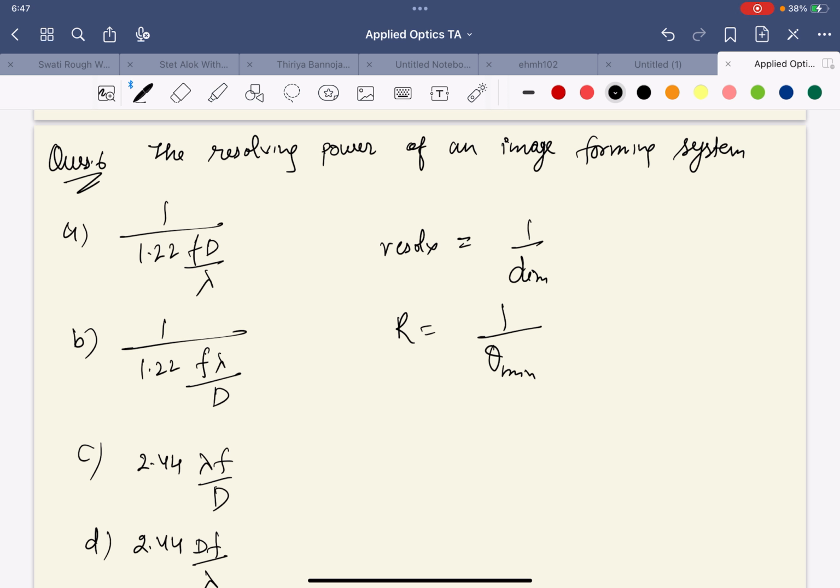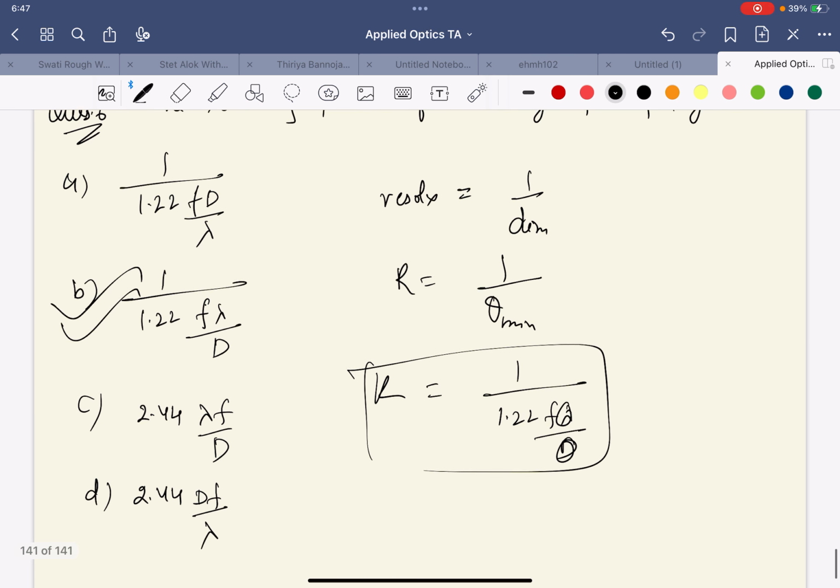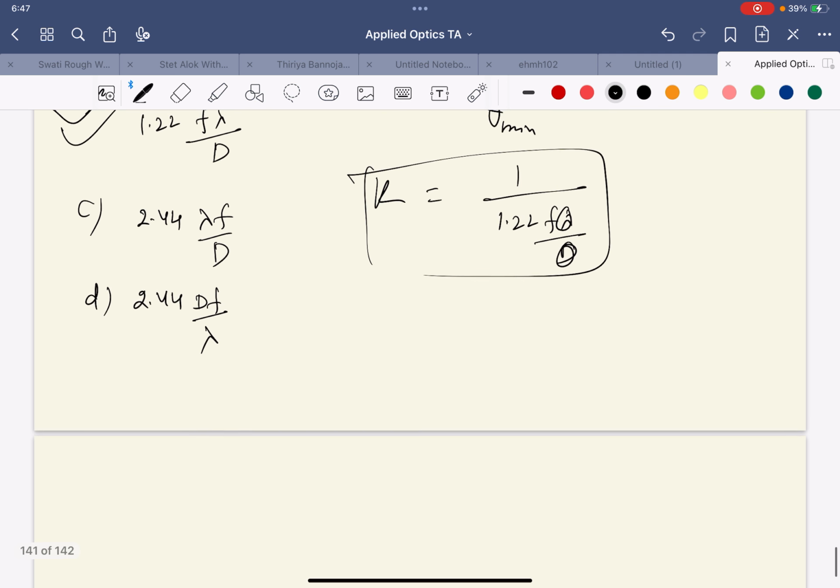So our right answer is option B. If we want to increase or decrease the resolving power, then lambda, d and f are the factors which affect it.